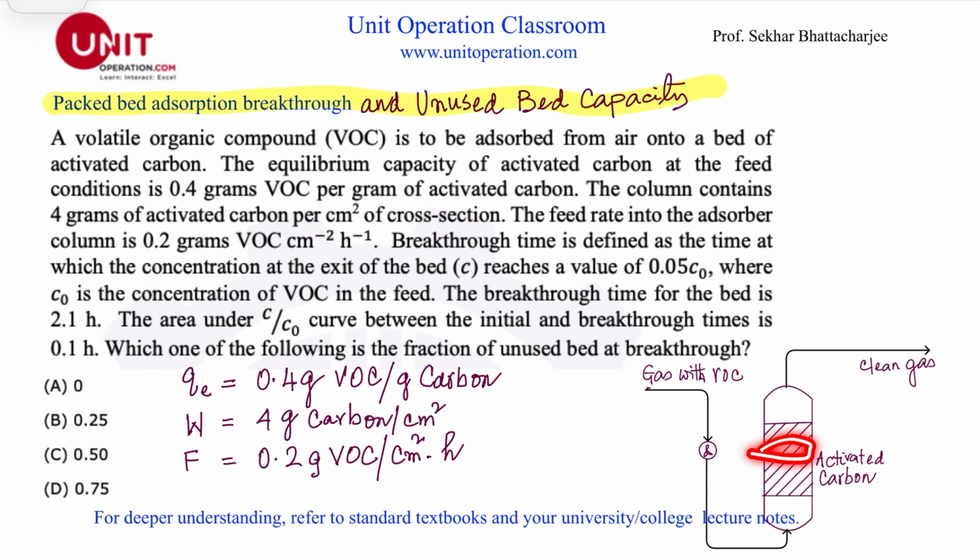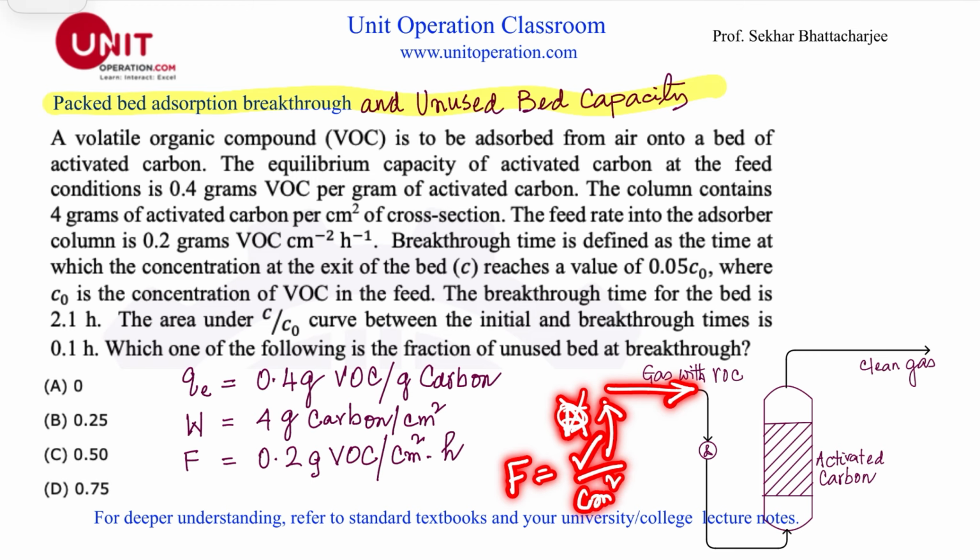The feed rate into the adsorber column is 0.2 grams of VOC per square centimeter per hour. Here we don't know the total flow rate, but the flow rate is given as the total amount of VOC per square centimeter per hour.